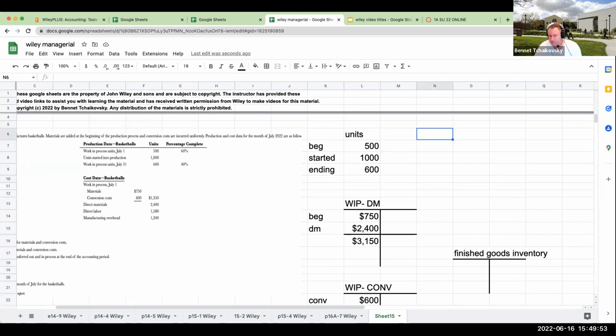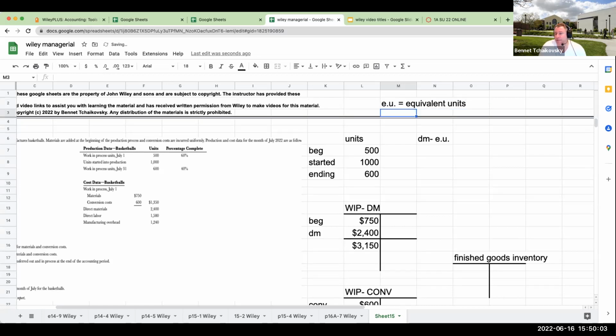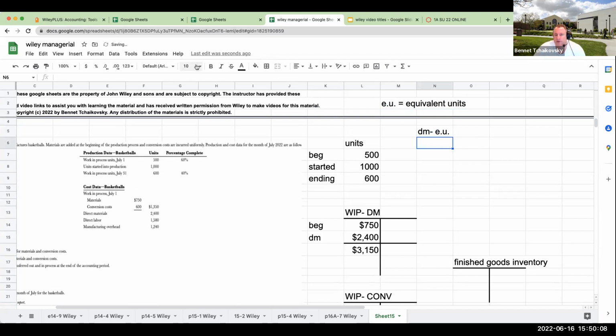So for direct materials, EU are equivalent units, not the European Union. That might be a toxic name someday, so I've got to be careful about how I say it. Right over here, we had beginning, and then we're going to use started and completed, and then we're going to have ending.